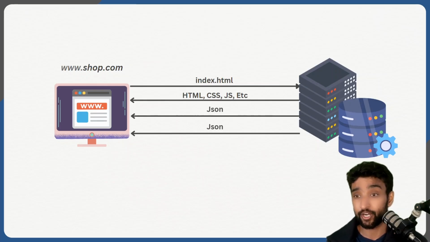When you visit a traditional website, every time you click a link or go to a particular page, the browser reloads the entire page, sending a request to the server and getting a new HTML page in response. However, in this case, the browser loads the entire application structure, HTML, CSS, JavaScript, everything just once.